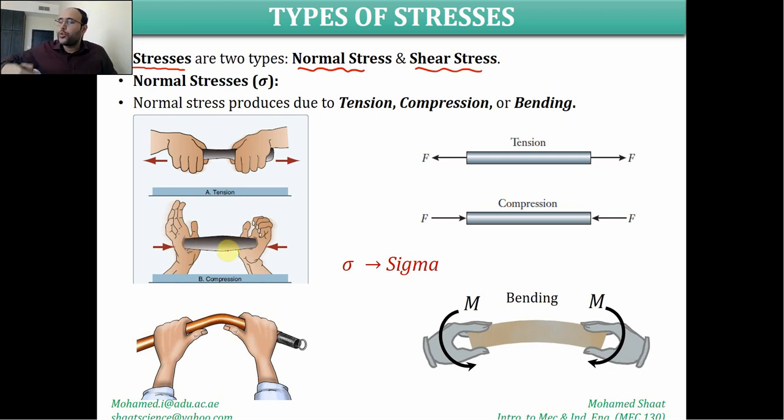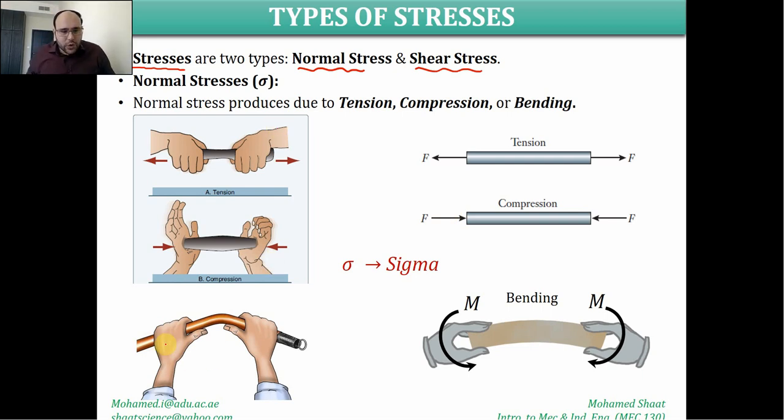The compression is a force, you are just pushing over the bar. This force can also be used for the calculation of the stress acting over this stick or bar. So the stress that is going to be produced because of this compression force is still a normal stress.